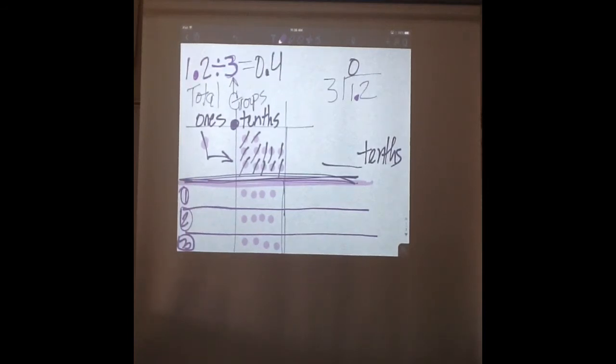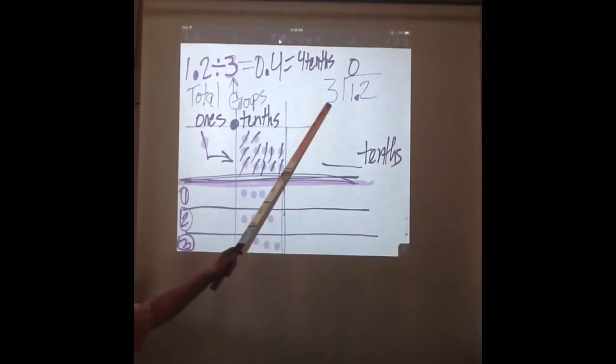Or I could say it this way. I could also say that that equals 4 tenths, right? So here, I would put what up here? 4. Well, I'd first want to move my decimal up, right? And then put my 4.